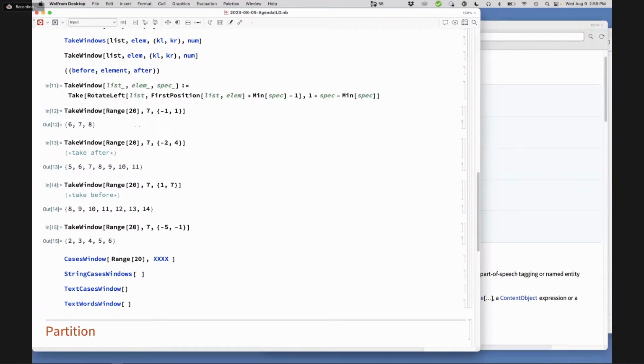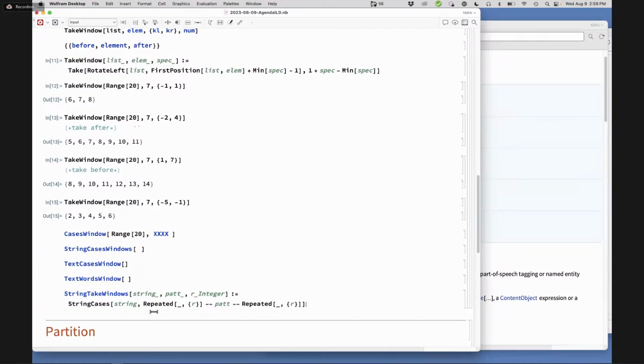In cases with a rule, the second argument could be adapted for this. Blank, comma, pattern, comma, blank goes to A blank, comma, pattern, comma, B blank. Oh, wait, hold on. What are you saying? You're saying cases.